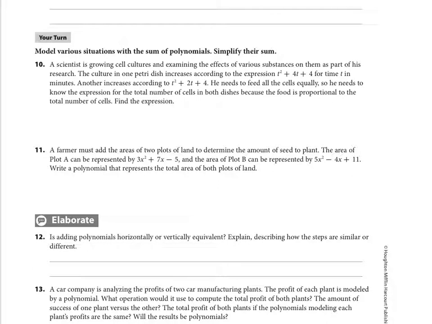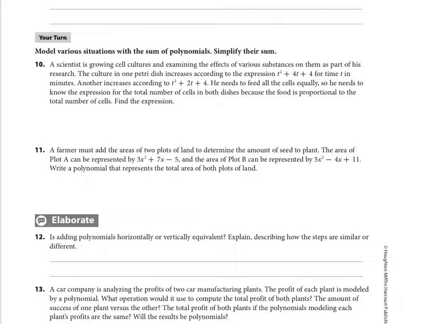The culture in one petri dish increases according to the expression. So here's our expression for the increase for time t in minutes. Another increases according to this expression. He needs to feed all the cells equally, so he needs to know the expression for the total number. So total number just means we add for both dishes. So all we're doing here is we're adding the two expressions.